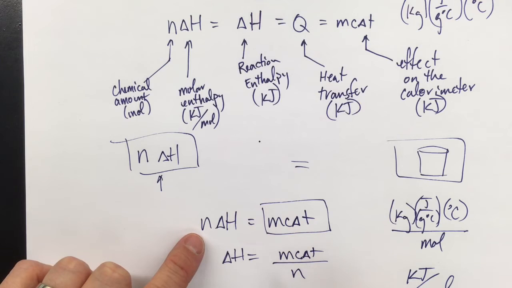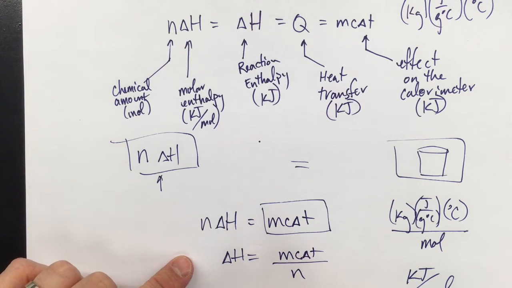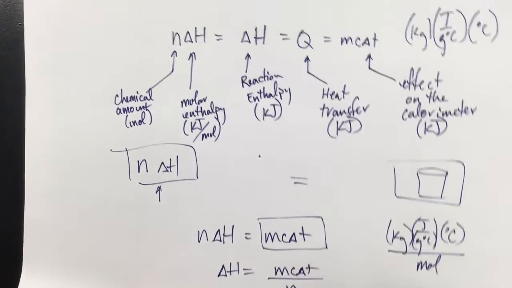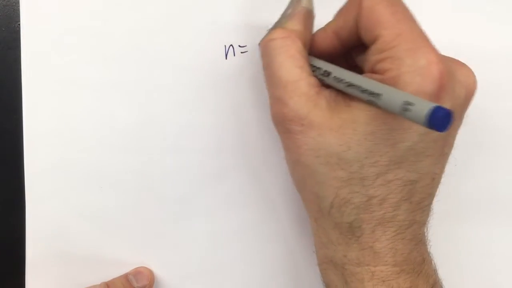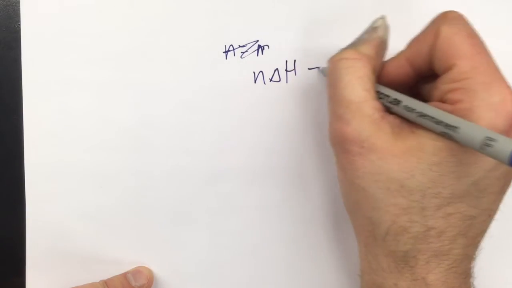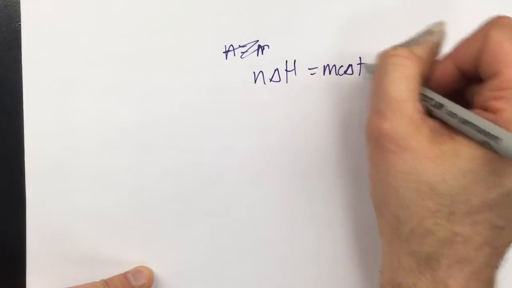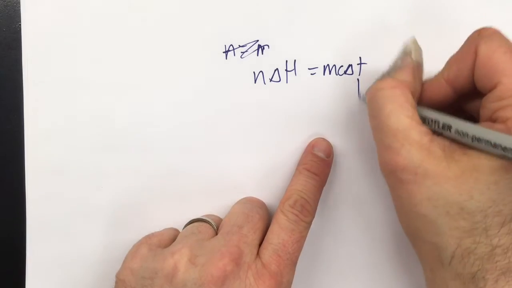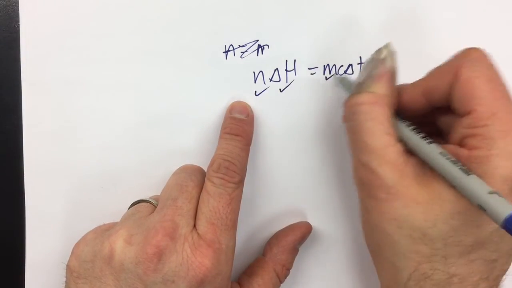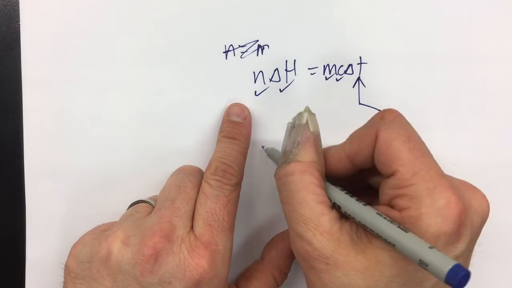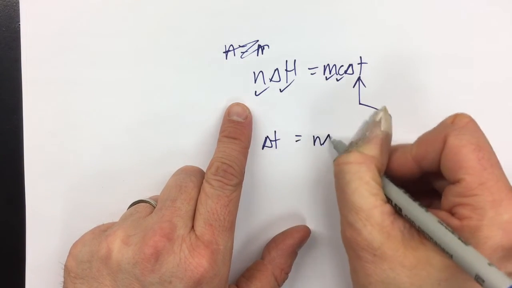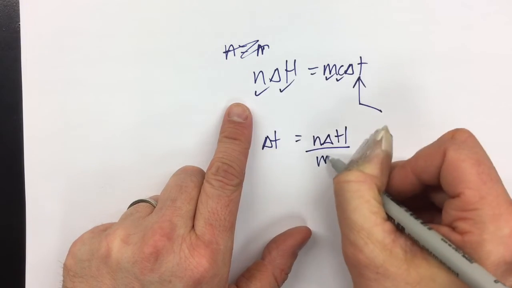Because the other thing that we can do is, if n times delta H equals mc delta T, and I want to know how much temperature change there is, but I know this and this and this and this, I can calculate delta T. It's going to be equal to n delta H divided by mc.